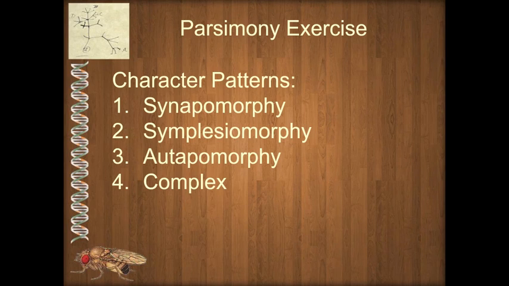Now, prior to phylogenies and mapping of characters on phylogenies, the only way that we had to understand things about ancestral states, about past conditions, was the fossil record. And there were some non-parsimony, pretty obvious conclusions.